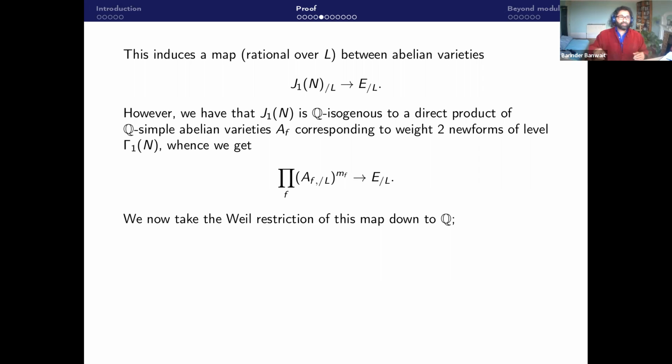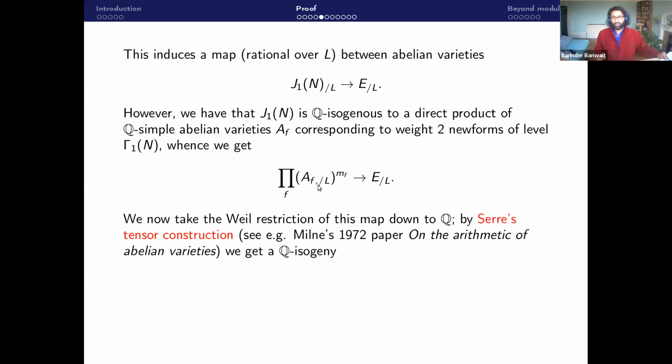This kind of construction, going up and coming back down, is sometimes known as Serre's tensor construction. The earliest reference I was able to find is a 1972 paper of Milne in Inventiones on the arithmetic of abelian varieties.